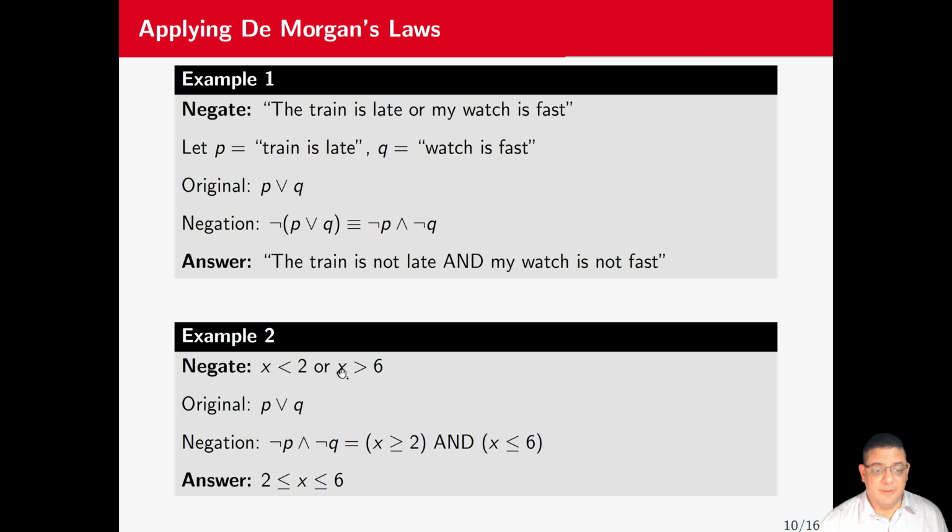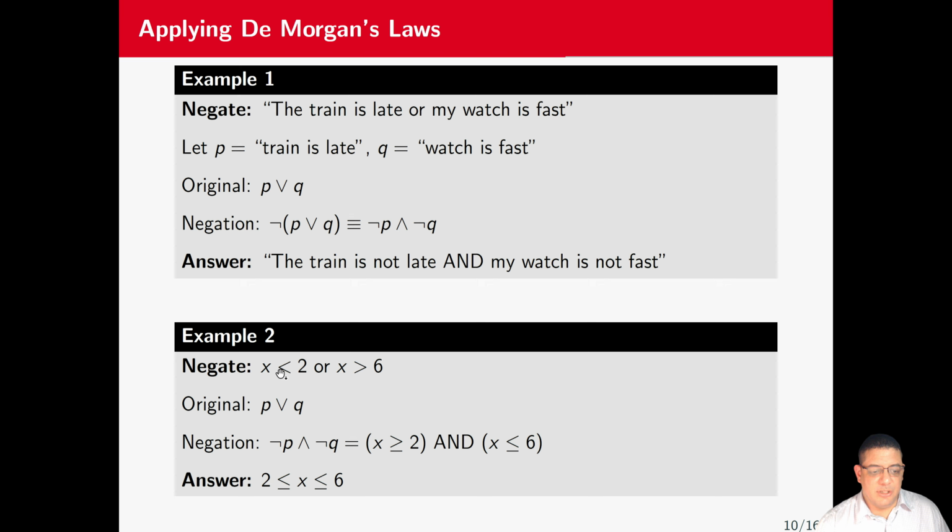Now, another example, to negate something in more mathematical terms: if I have x is less than 2 or x is bigger than 6, clearly this is P and this is Q. We have a statement of the form P or Q, and the negation will be not P and not Q. So negating that will be, well, x is bigger than or equal to 2, and x is less than or equal to 6.